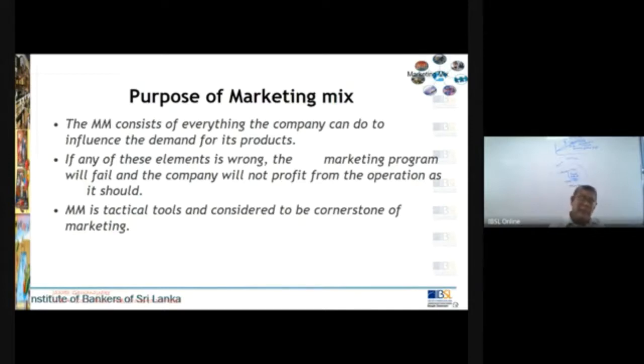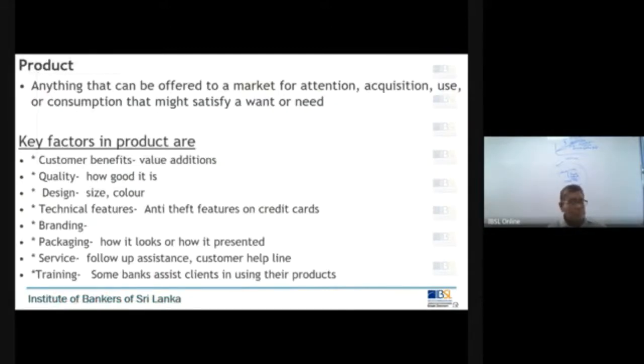Okay, now still no question asked. If the examiner asks why the marketing mix is important, or what the purposes or advantages of the marketing mix are, those are the points. Okay, right, next one. Now we are going to take one element at a time and discuss it in detail.